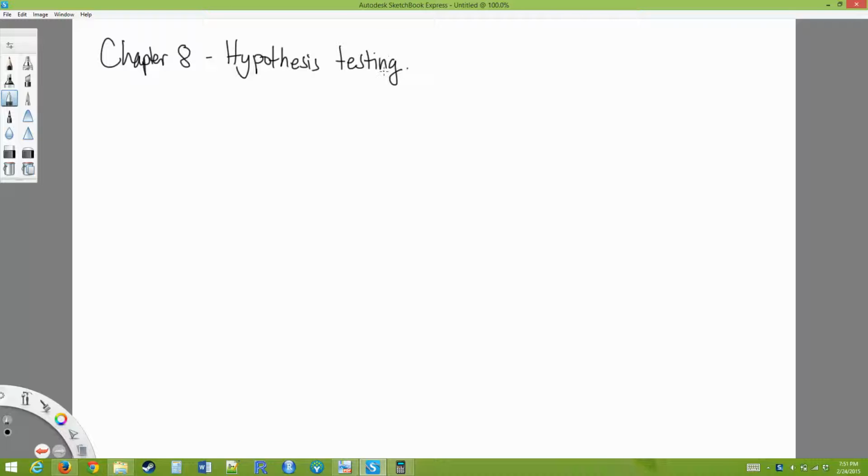So the idea behind hypothesis testing is that we have a question or a claim about the population. And we want to investigate this question or claim.